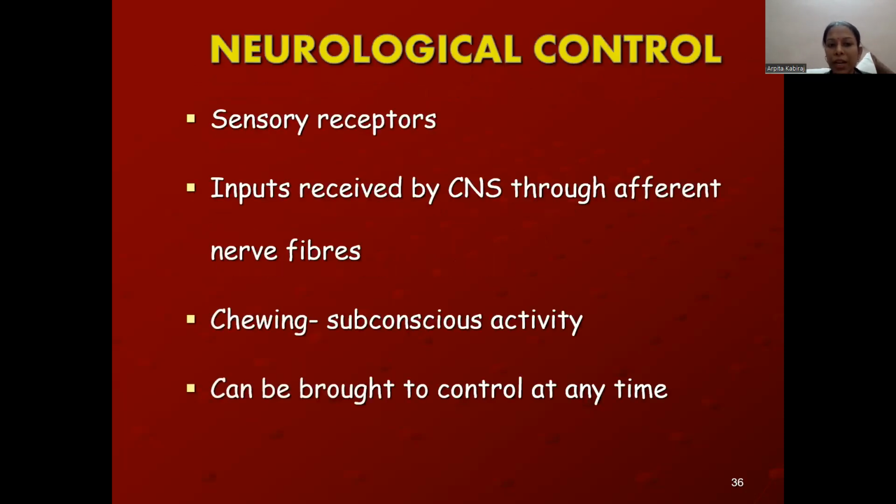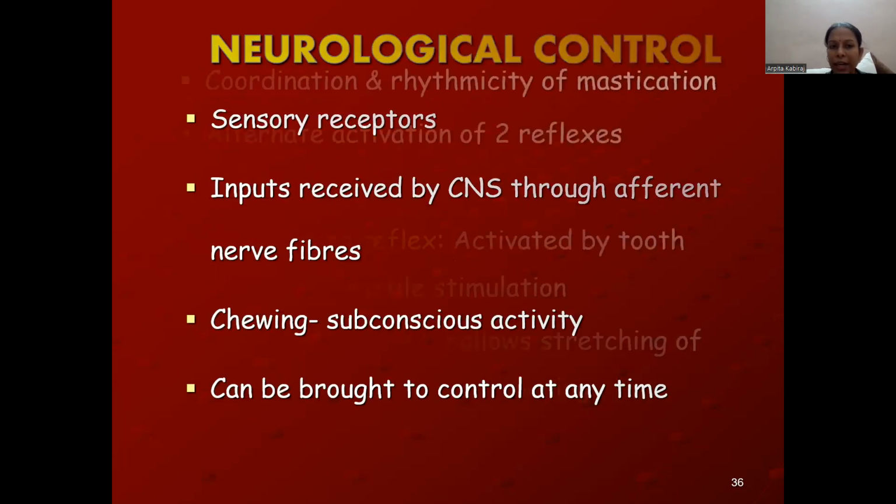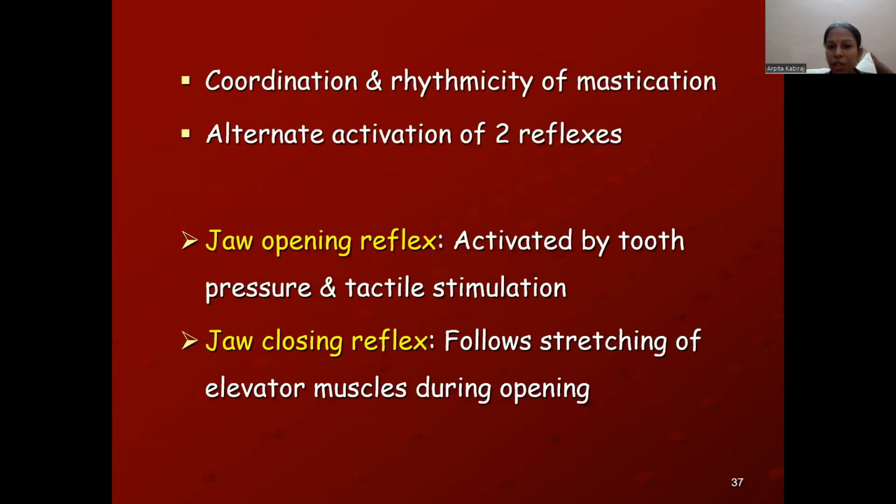Neurological control. There are sensory receptors which help to relay inputs to the CNS through different afferent fibers. Chewing is a subconscious activity and can be brought under control at any time. There is a coordination and rhythmicity of mastication, with alternate activation of two reflexes, jaw opening and jaw closing.